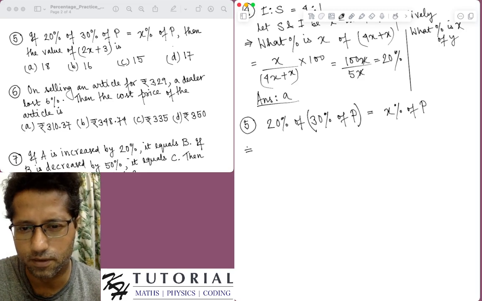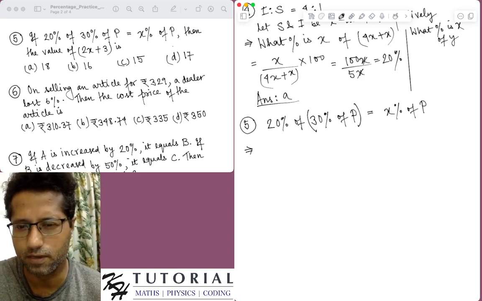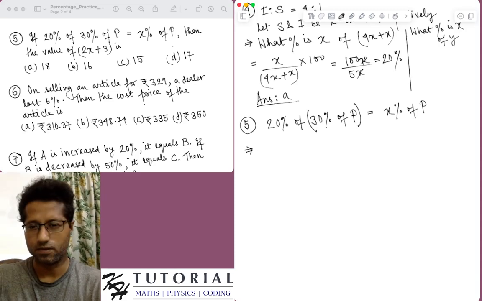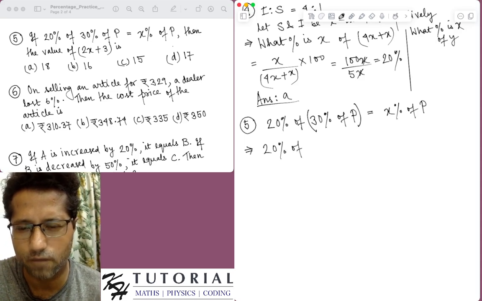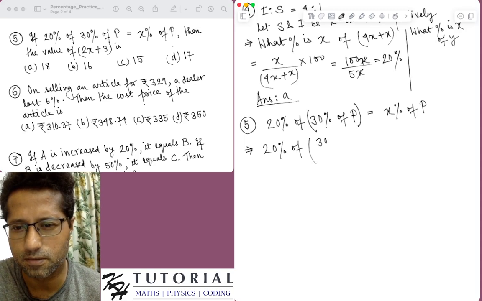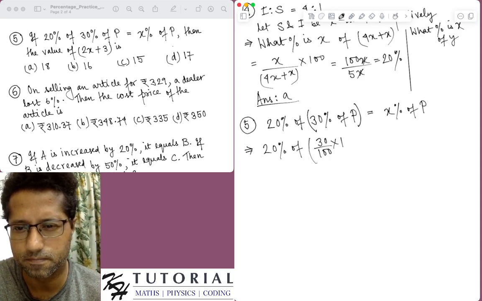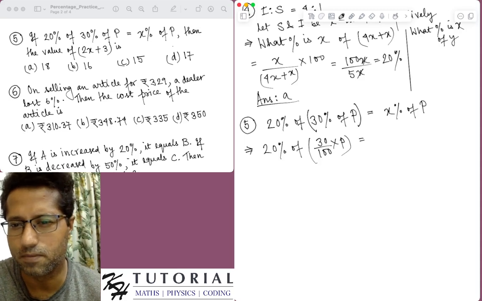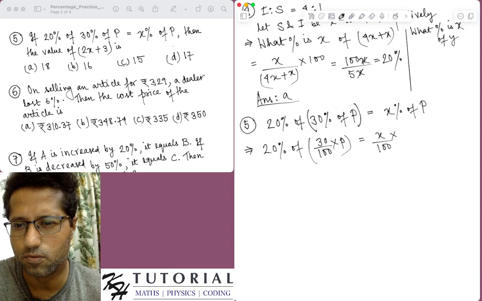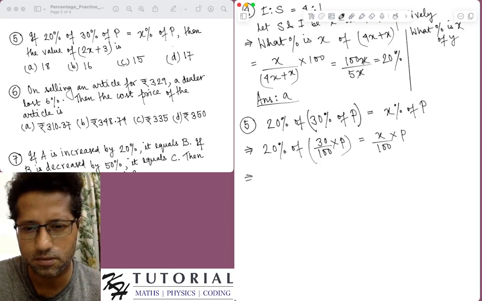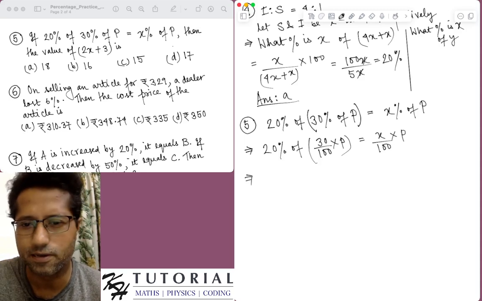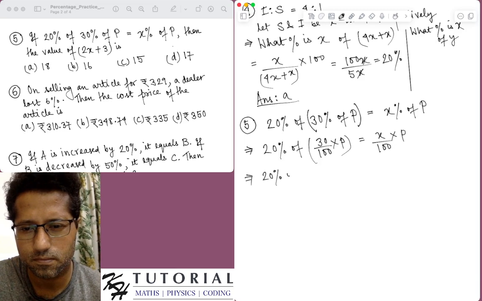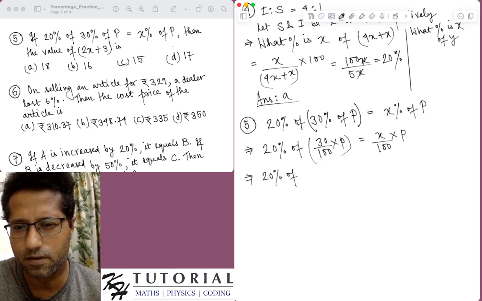So if we simplify the left hand side from the right, 30% of P means 30 by 100 into P, equals x% of P, means x by 100 into P. If we simplify 30 by 100, this becomes 3 by 10.